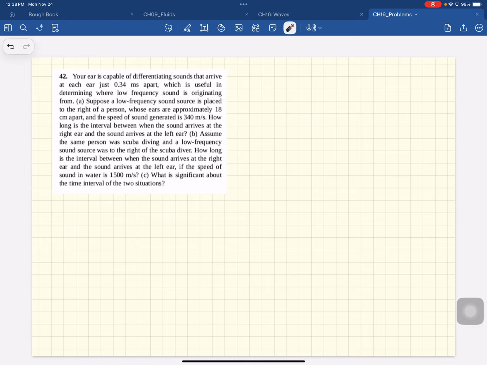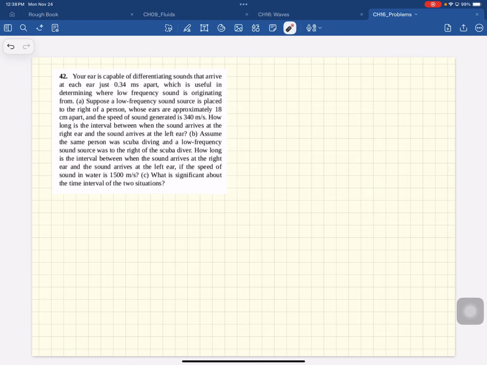So if you hear a sound on your left ear, and the sound arrives at the right ear in less than 0.34 milliseconds, you won't be able to tell if they came at the same time or apart. So here in air, if the sound is on the left, that delay is enough for you to tell.